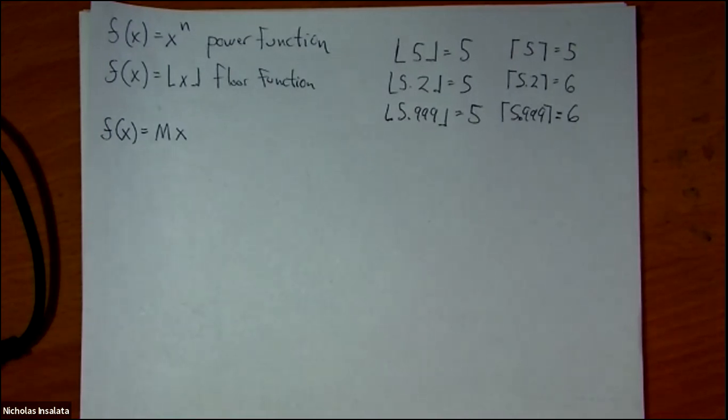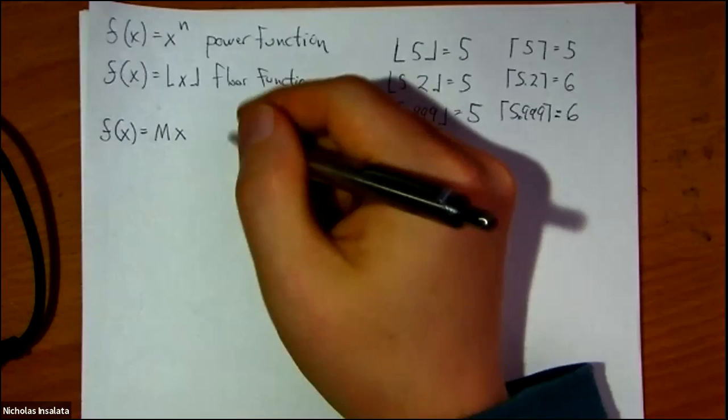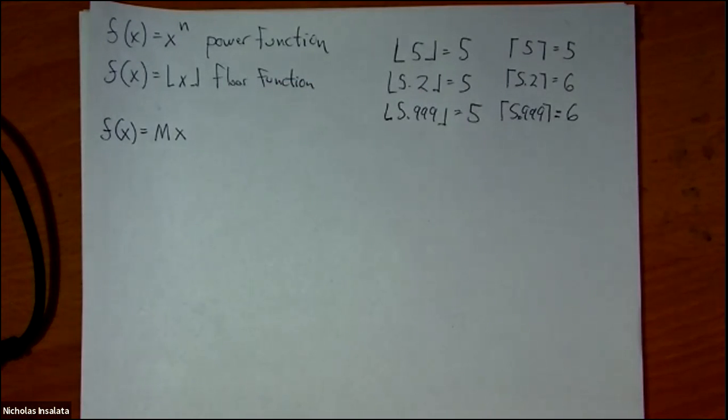Which is pretty straightforward, I think. Algebra 1 type stuff. Any questions about any of these functions that we've discussed? Power function, this is called what do we call it here? Multiple of a function.